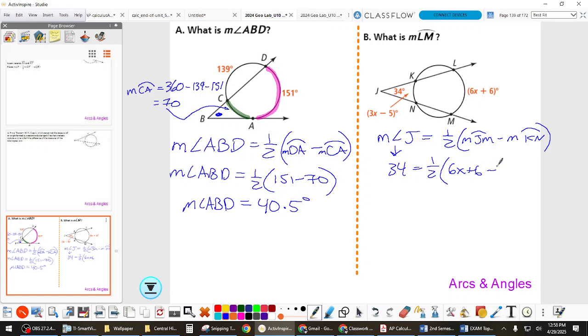And be careful on this one, because you can't just write 3x minus 5. Why? This is an algebra thing, not a geometry thing, if that helps.